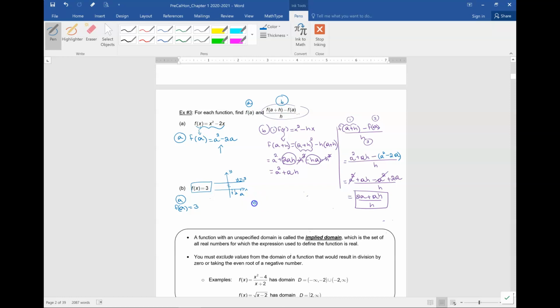So for part B, let's now find f of a plus h minus f of a, over h. f of a plus h is 3, minus f of a is 3, over h. So this is 0 over h, 0.